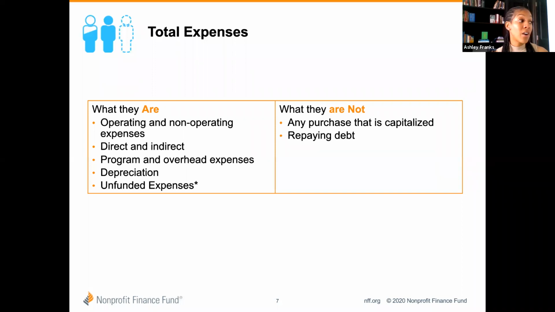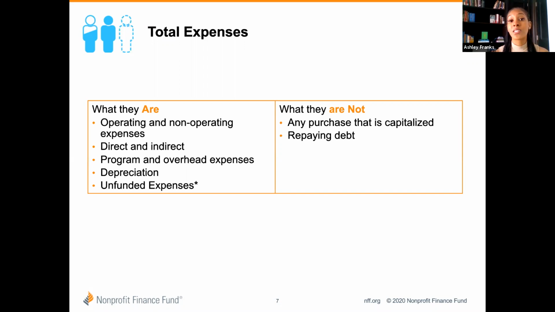And then of course, we also have our direct and indirect expenses included here. We have program and overhead expenses included here, and depreciation expense is here. We also have something called unfunded expenses, which you can see has an asterisk here, which we'll talk more about in a moment.